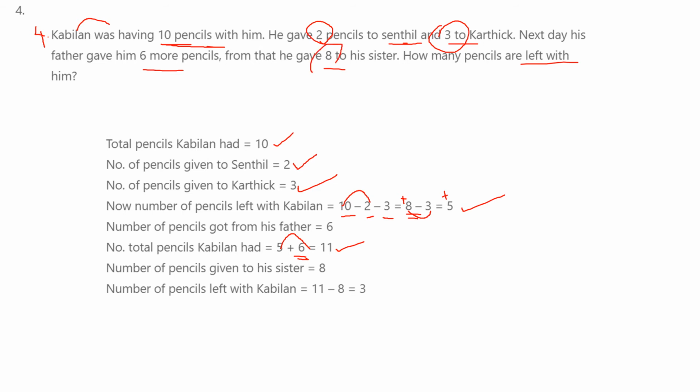So number of pencils given to his sister 8. So what is the balance, or what is the remaining? So 11 minus 8, 1 plus 1 minus, subtract, 3, greater number's sign plus, so +3. So how many pencils are left with him? 3 pencils.